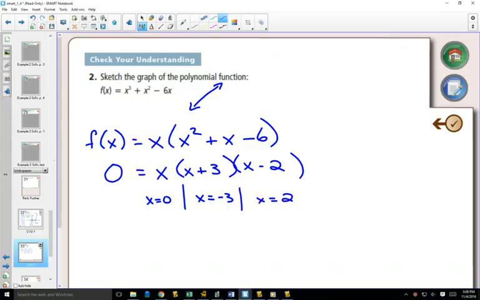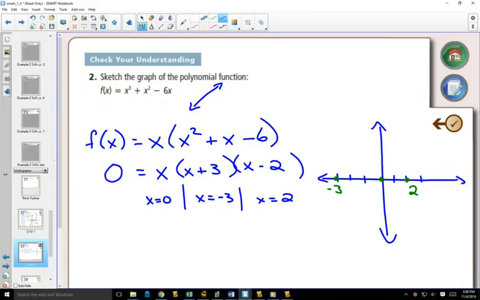So when we go to graph this, and I go on my scale here and I go by ones, I'm going to have an x-intercept here at -3, at 0, and at 2. And from this, we can draw a sketch.